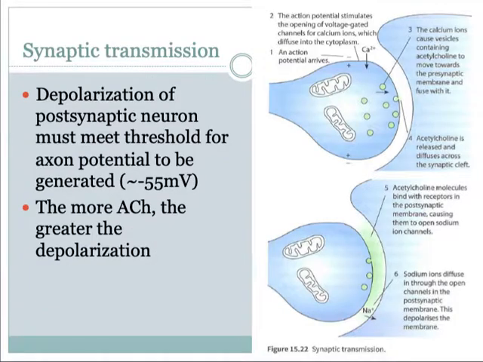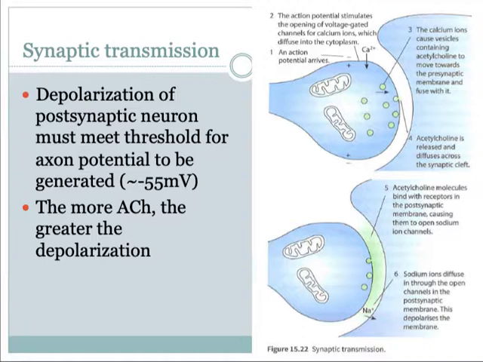The synaptic cleft contains an enzyme, acetylcholine esterase, which catalyzes the hydrolysis of each ACH molecule into acetate and choline. And so then that choline is taken back into the presynaptic neuron, where it's combined with acetyl coenzyme A to form ACH again.